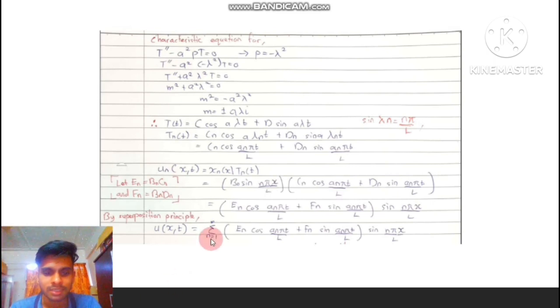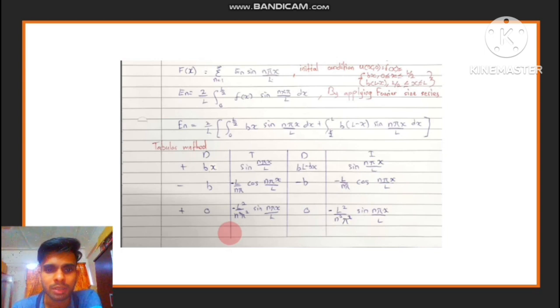So here we have the sum of E n cos a n pi t over L plus F n sin a n pi t over L, times sin n pi x over L. From that, by inserting the initial condition, we get the sum of E n sin n pi x over L, and by applying the Fourier sine series, E n equals 2 over L, integral from 0 to L over 2 of the first expression times sin n pi x over L dx, plus the integral from L over 2 to L of b(L minus x) sin n pi x over L dx.